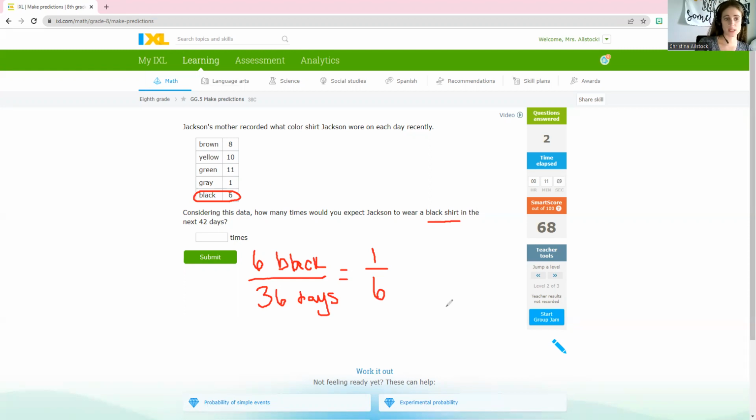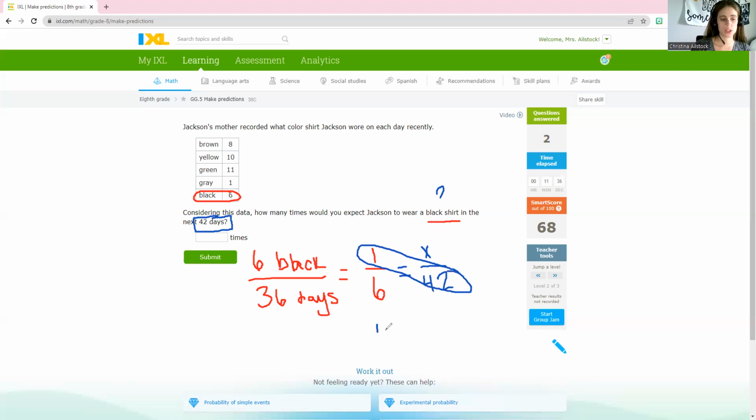Now, in this case, we do need to set up our proportion in order to solve. So we do not know how many times he wore a black shirt, but we know that it occurs over the next 42 days, meaning we can cross multiply and solve.